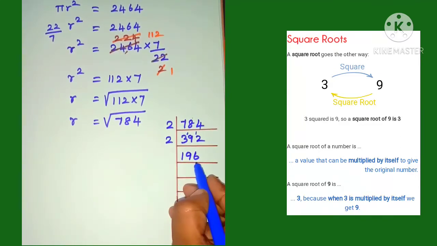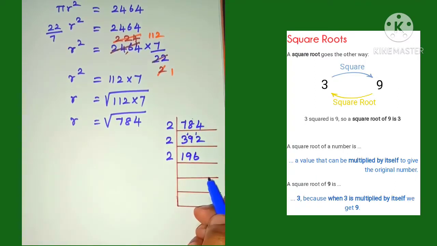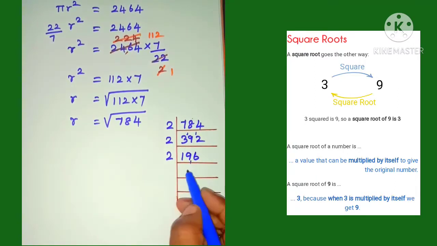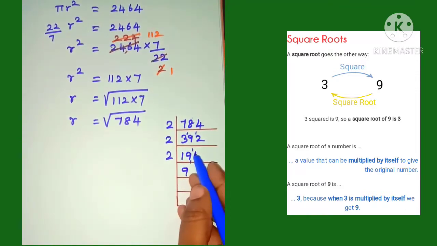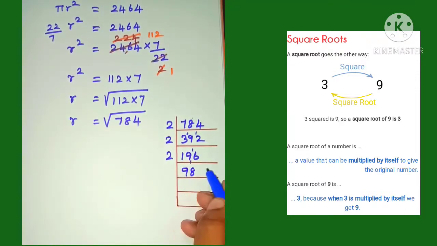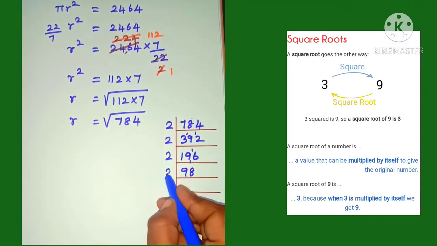Again the last digit is 6 which is even number, and here we can take 2 as a factor. And now we can take 2 digits. So 19. 9 2s are 18. So 1 is 16 is 8 2s are 16. So again 8. We can take 2.